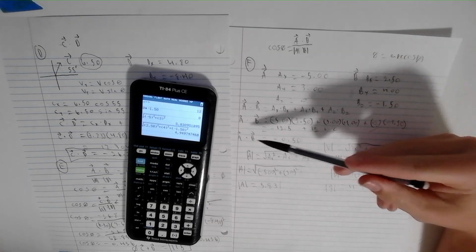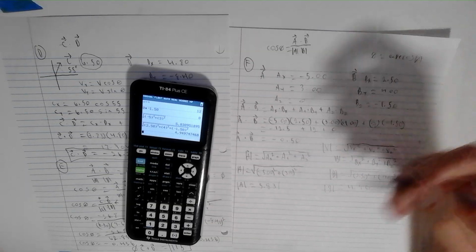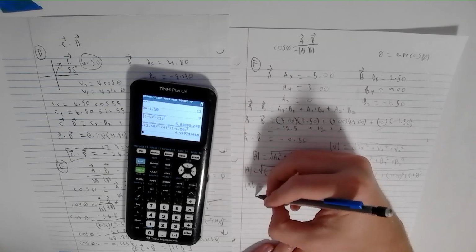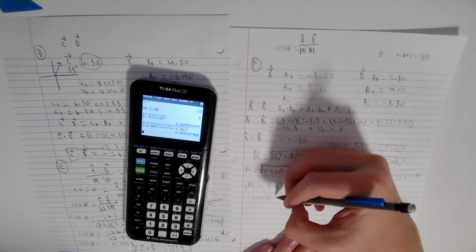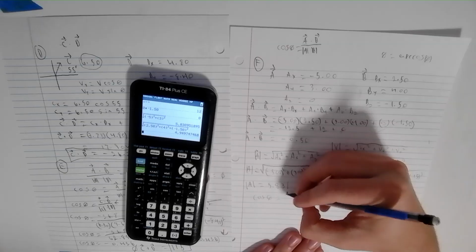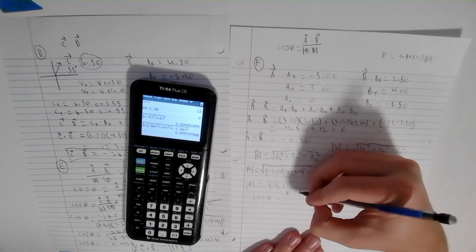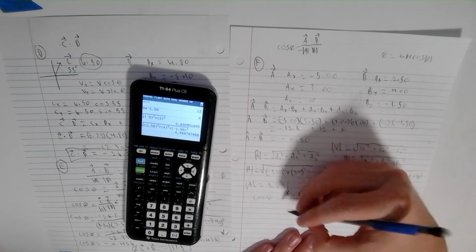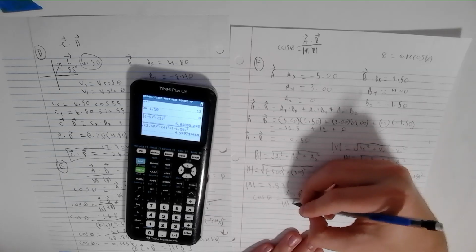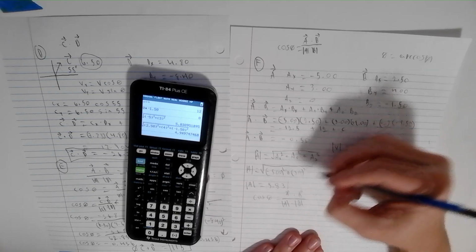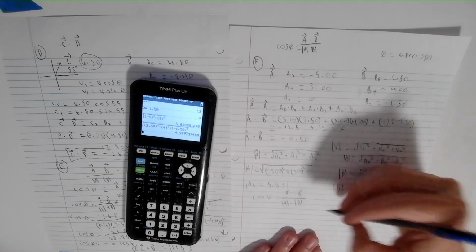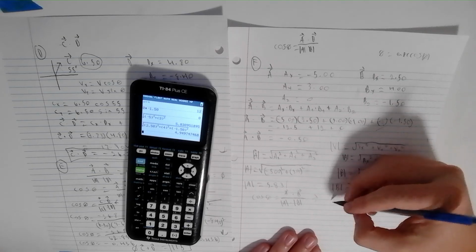We've got the A times B. Now we just plug it in the formula. Cosine theta equals A times B over magnitude of A times magnitude of B. Now we plug that in.